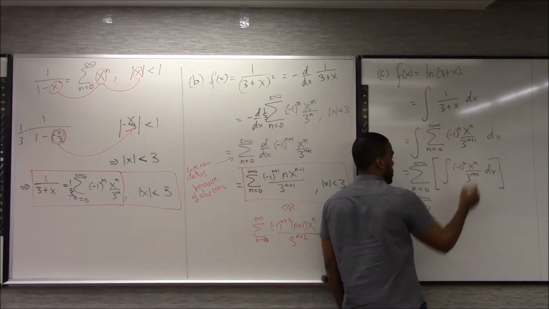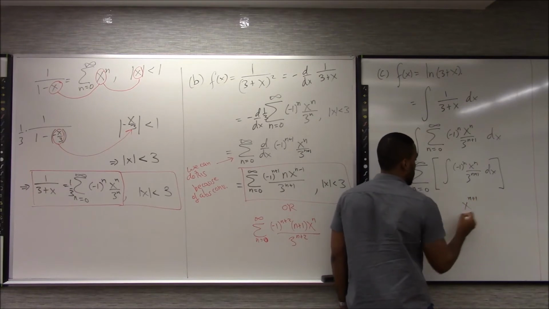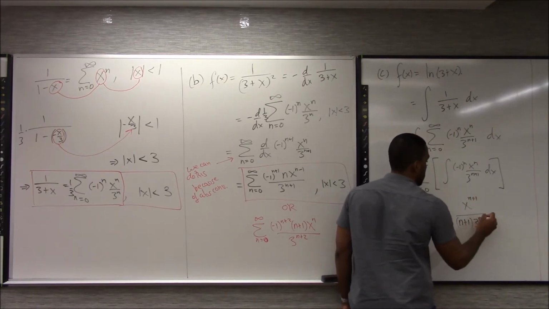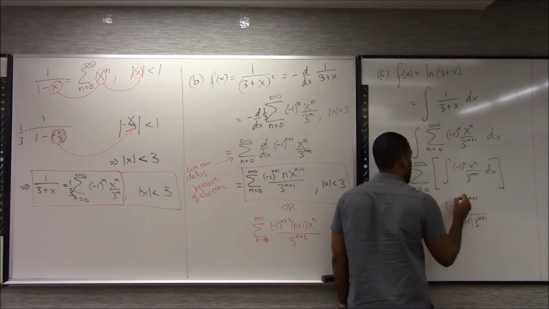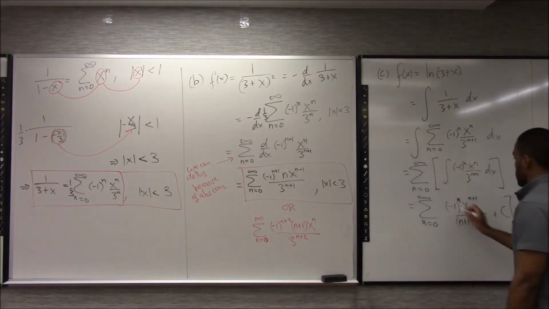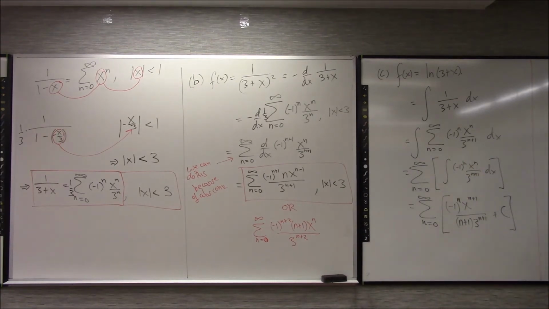So then that's just x to the n plus 1 divided by n plus 1. Of course, there's going to be a plus c. And again, that works for x less than 3. So what we can do is find that plus c.